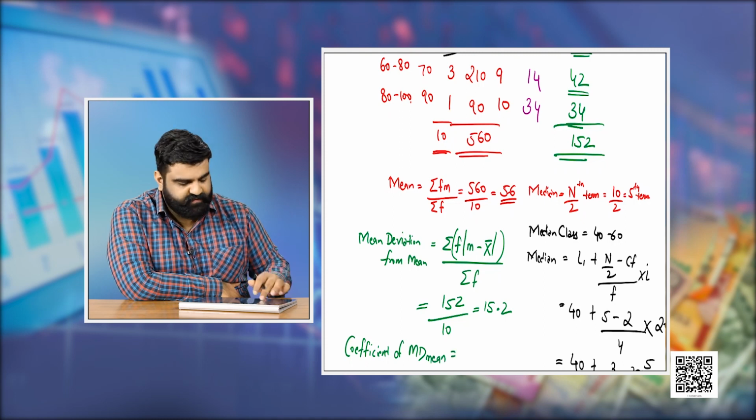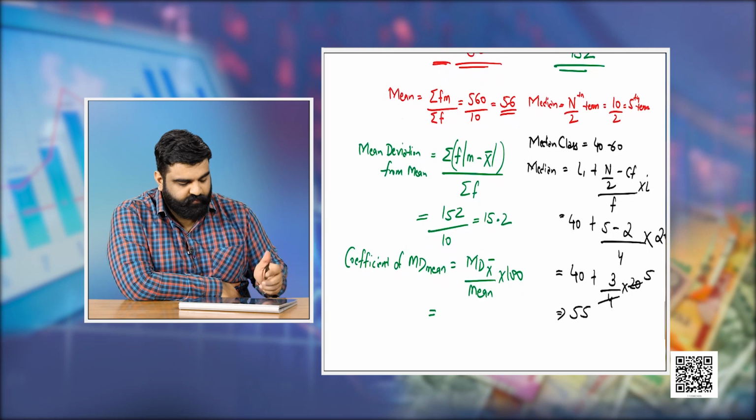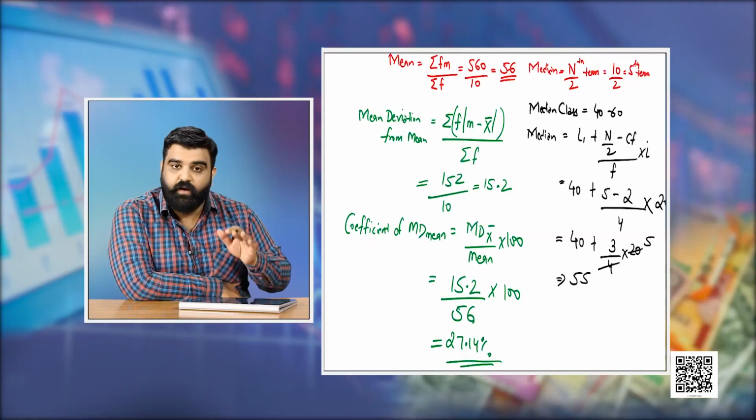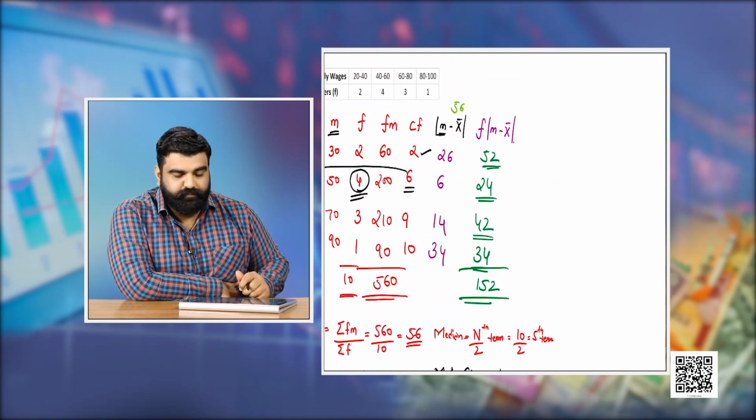So, the formula for this is mean deviation from mean upon mean into 100. So, this will be 15.2 into 100 divided by 56. So, the answer to this will be 27.14%.